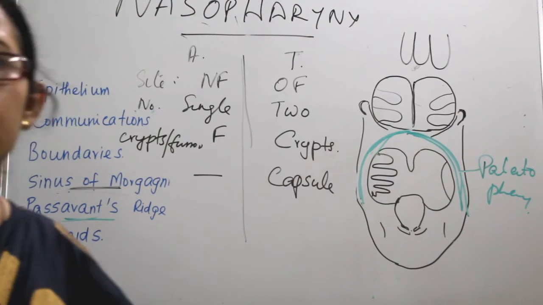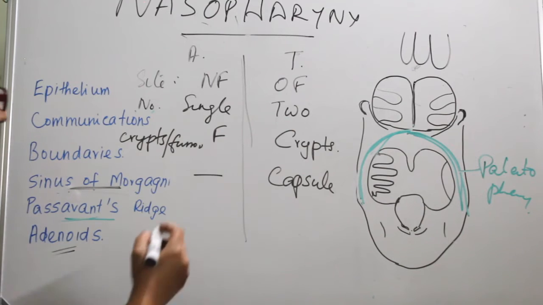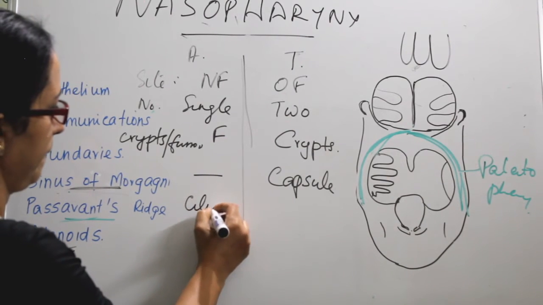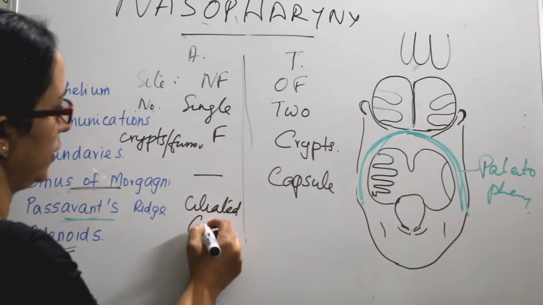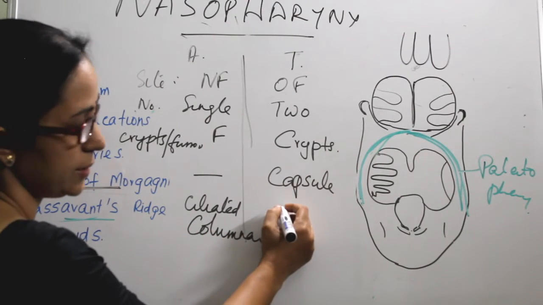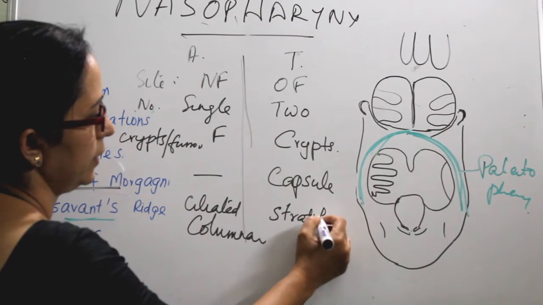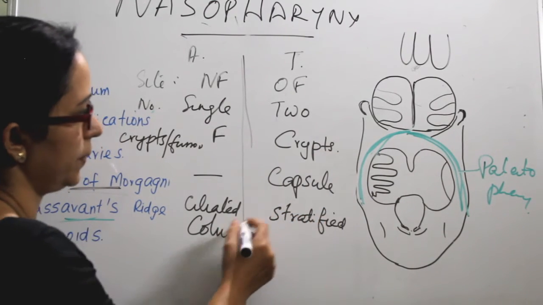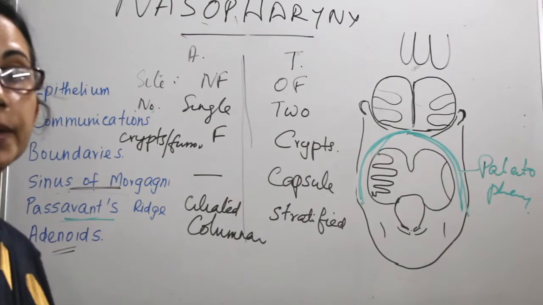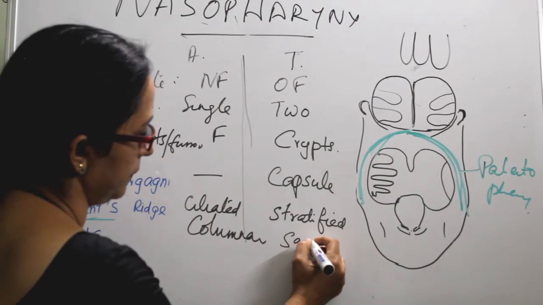And what about the epithelium? I already told you, the adenoid has ciliated columnar epithelium, and the tonsil has stratified squamous epithelium. Actually, the mucosa is ciliated columnar only in the nasopharynx. In all other parts of the pharynx, it is stratified squamous epithelium.